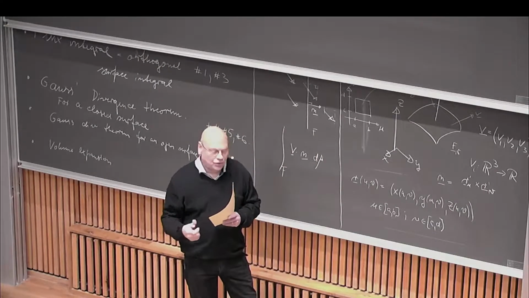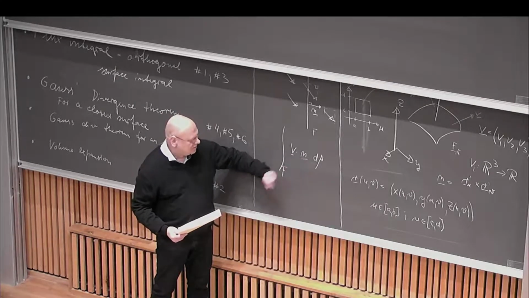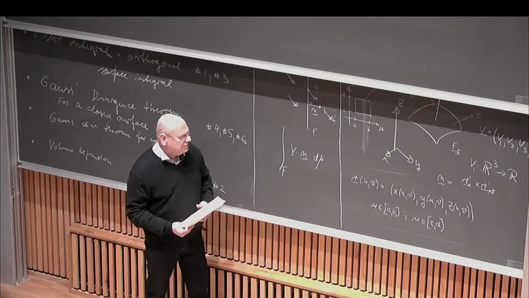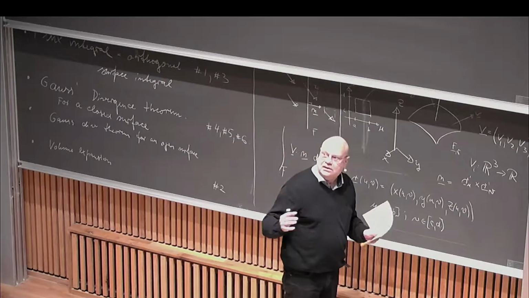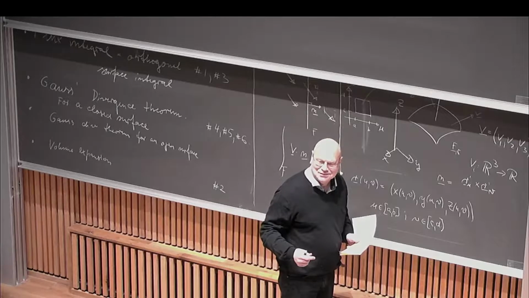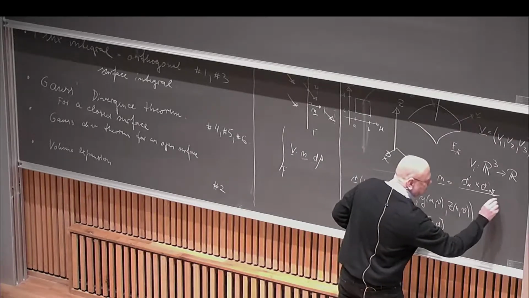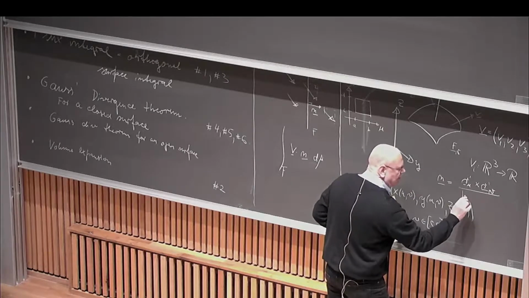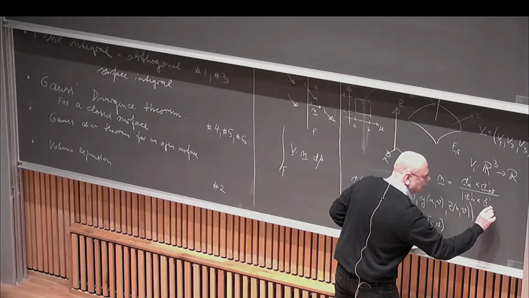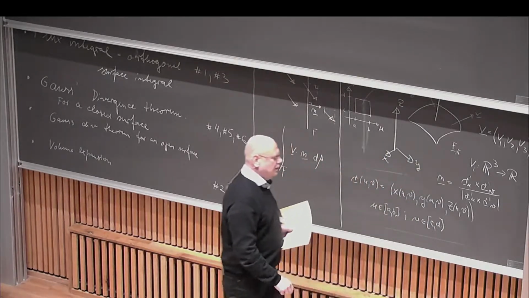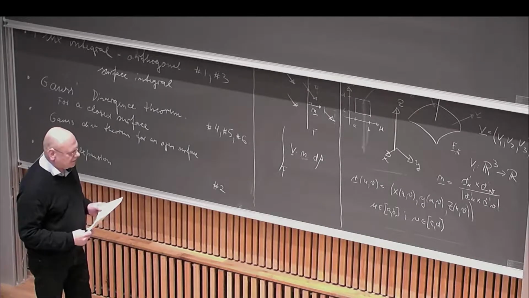And in order to unfold this flux integral, you need to divide this by the length of the normal vector to get the unit normal vector.